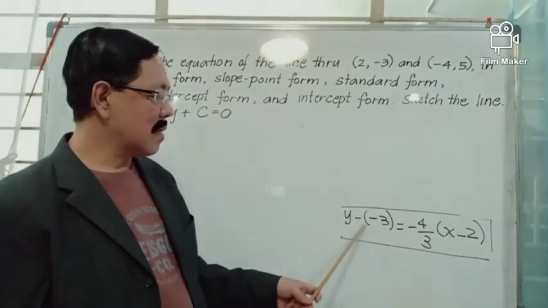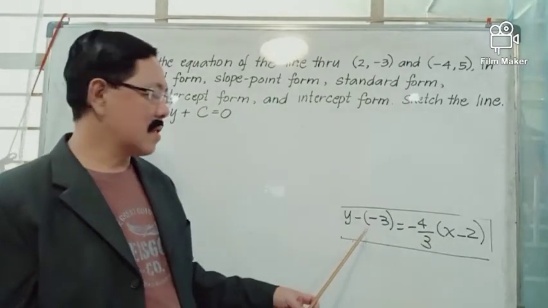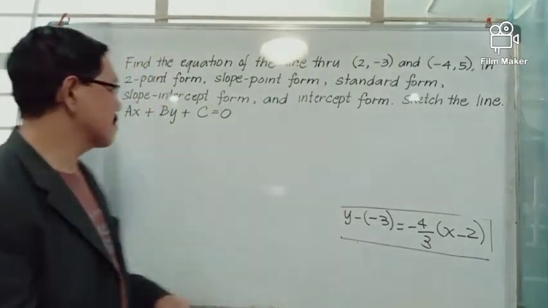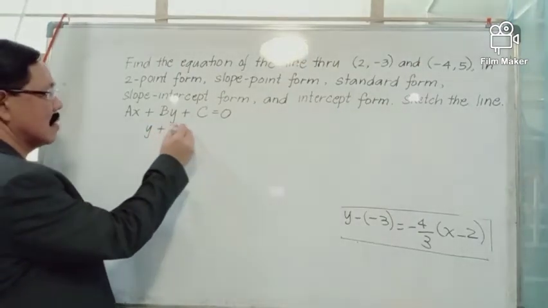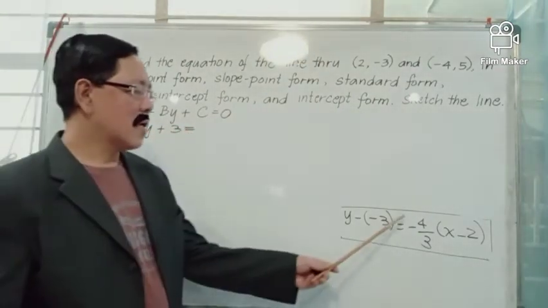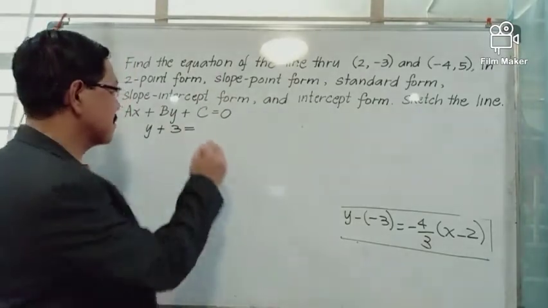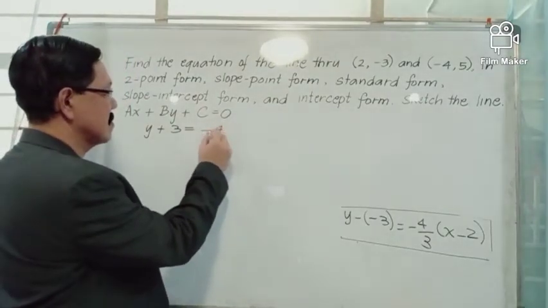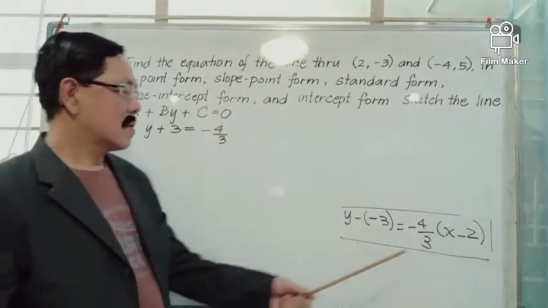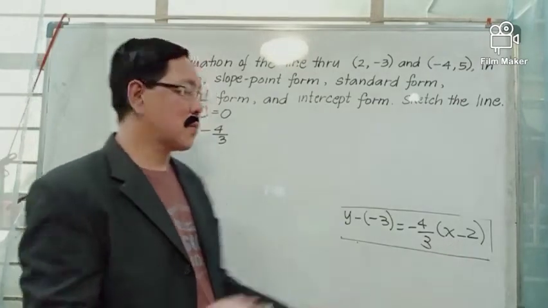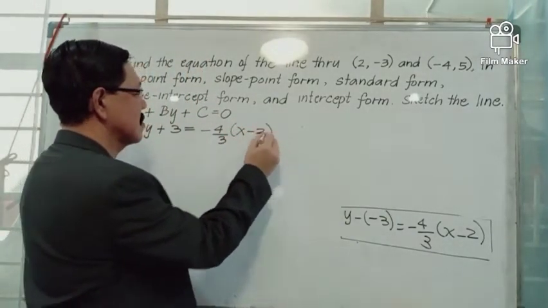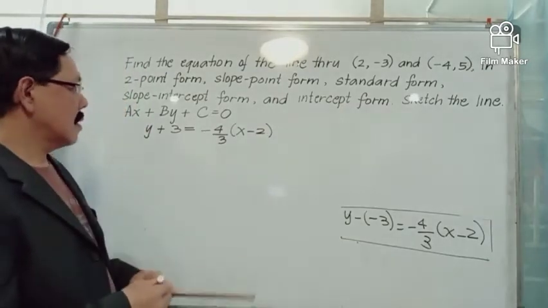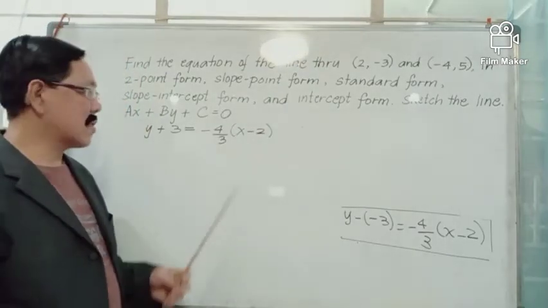We simplify y minus -3, or negative times -3 is positive 3. We have y plus 3 equals -4/3 times the quantity x minus 2. We simplify further.